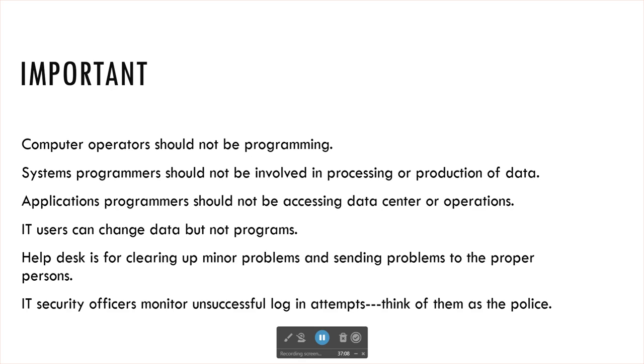So what we should get out of this is that there's a computer operator or console operator, and they're the ones that are running the jobs. They're doing the scheduling and they're sending things through. Those people that do the operation shouldn't be programming. You've all heard the story about people who had an extra penny taken out of their paycheck in a big corporation and it going into someone else's account as a direct deposit.